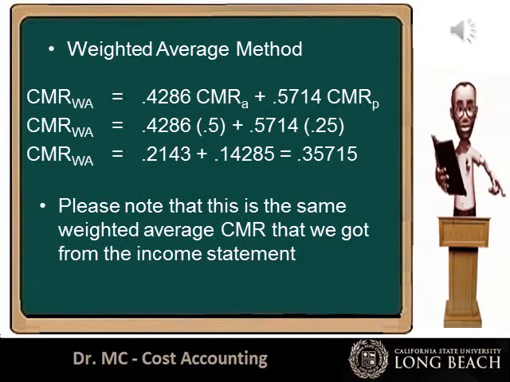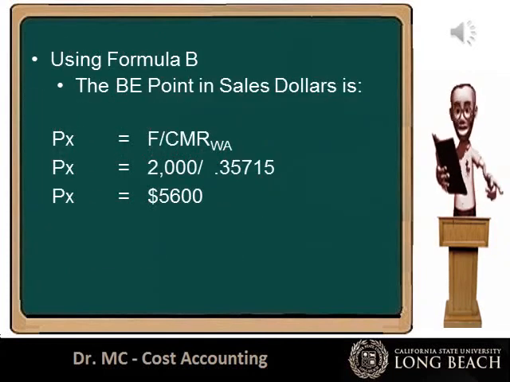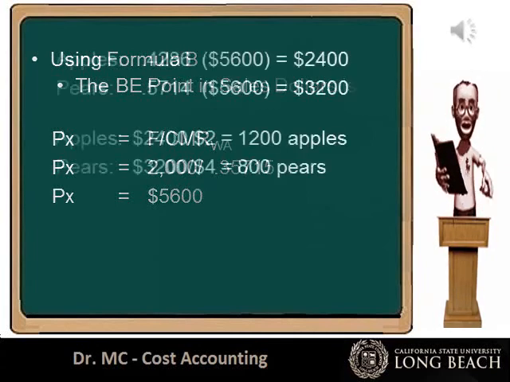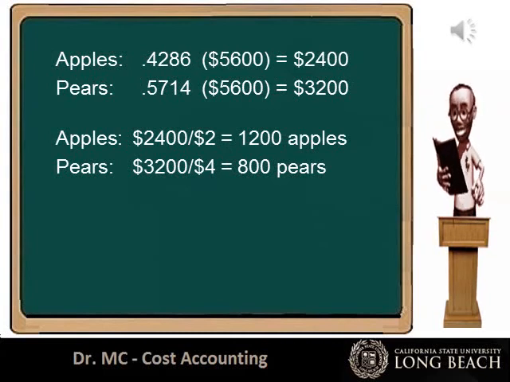Using Formula B, we can divide our fixed costs of $2,000 by our weighted average contribution margin ratio of 35.715% to determine that our firm will break even if it can generate a sales revenue of $5,600. If our firm has sales revenue of $5,600, and 42.86% of our sales revenue comes from apples, then we know that our apple sales must equal $2,400 in order for our firm to break even.